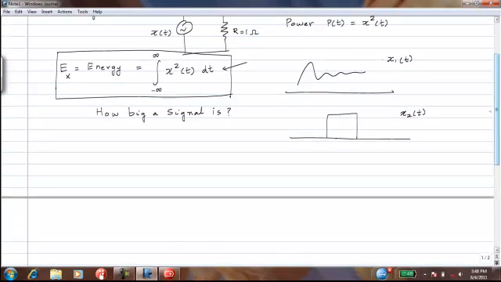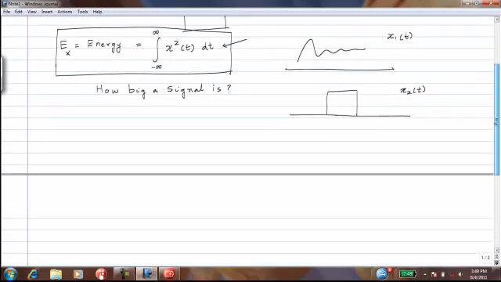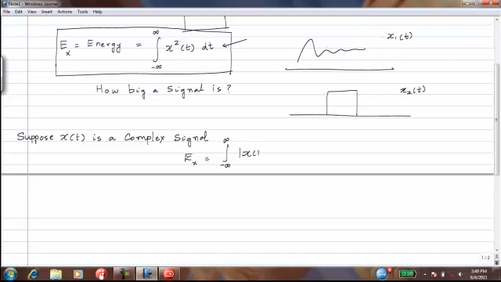Now, we will use the same kind of definition even when the signal is not a real signal. Suppose x of t is a complex signal. We're going to define the energy of the signal as the integral from minus infinity to plus infinity of the square of the magnitude of the signal. Pay attention to the magnitude symbol here. A common mistake students make is to forget this magnitude sign.